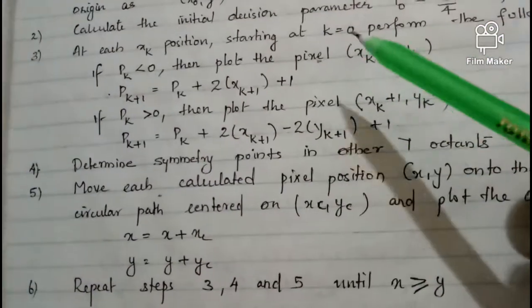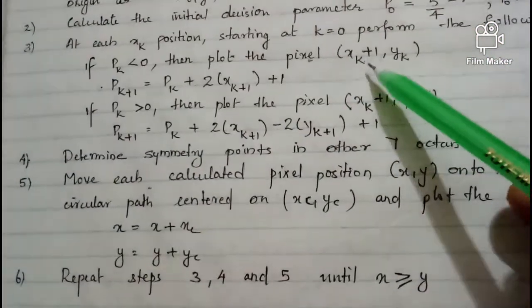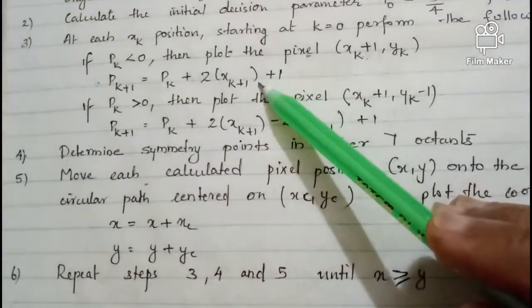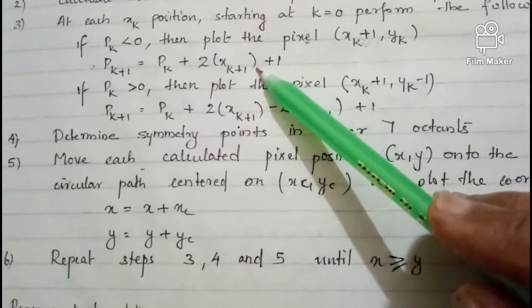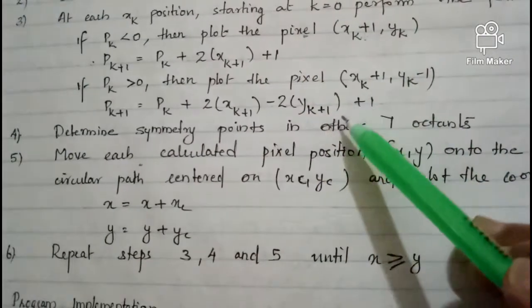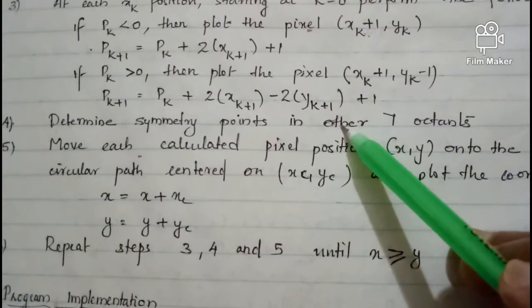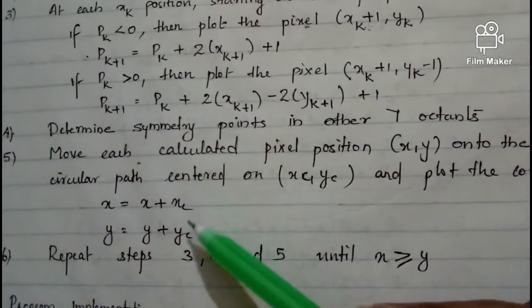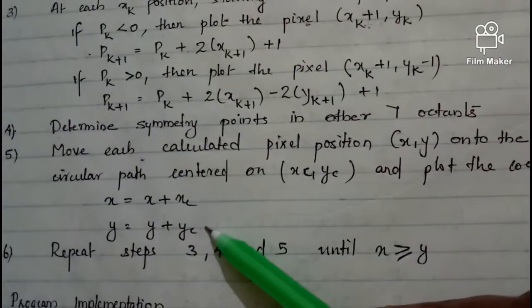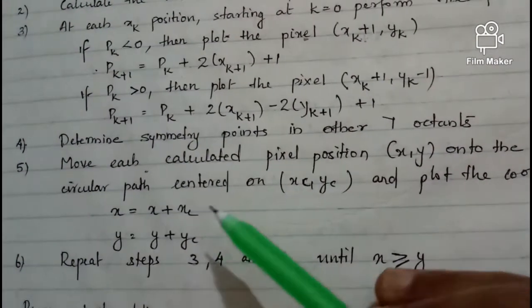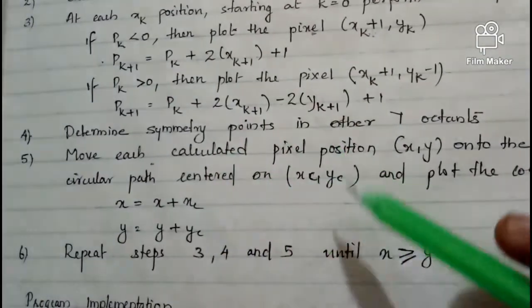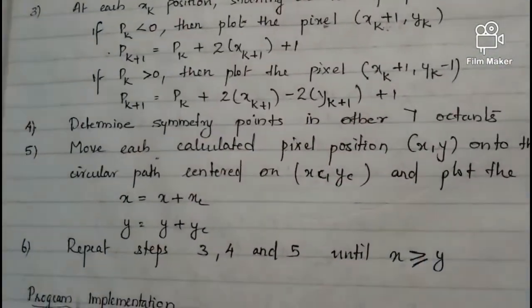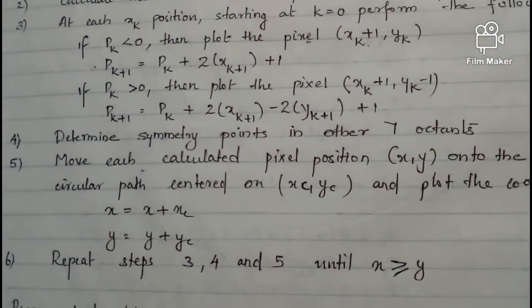In each iteration, you will be calculating values of x and y, and the value of pk+1. For each (x, y), you have to obtain the symmetric points using 8-way symmetry, and for each value you have to add xc and yc. Clear? And finally, you will be able to plot all the pixel positions on the circumference of the circle.